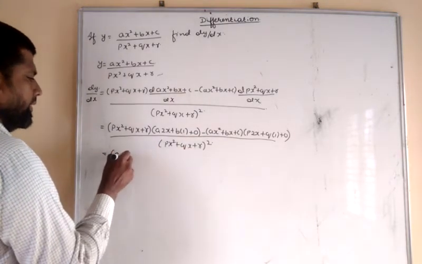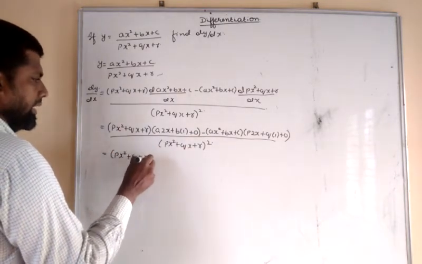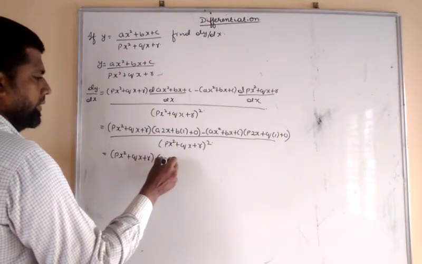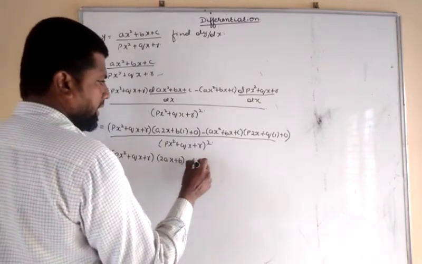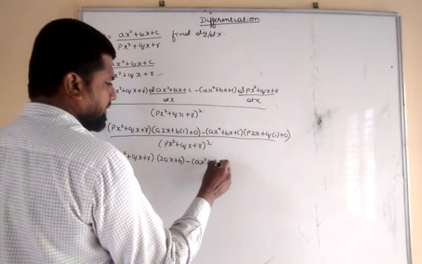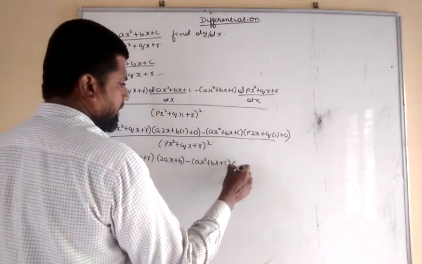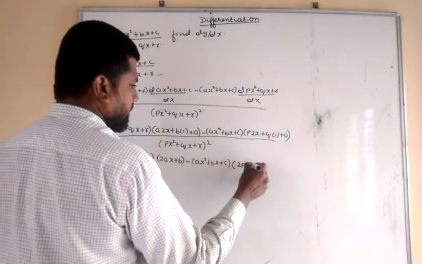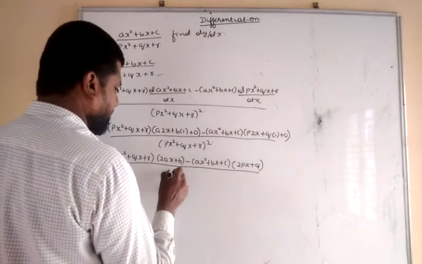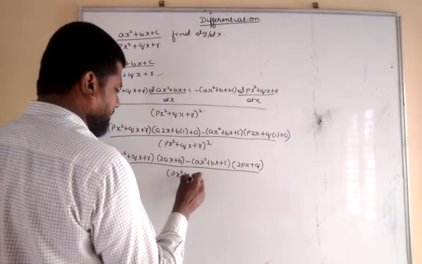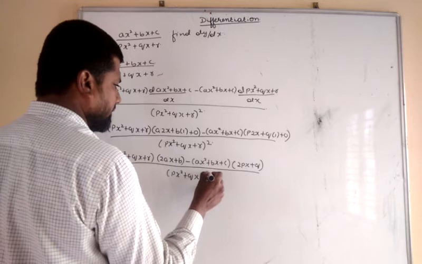Then px square plus qx plus r, then 2ax plus b, minus ax square plus bx plus c, 2px plus q, by px square plus qx plus r.